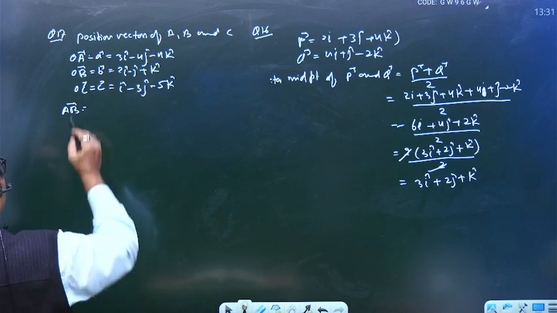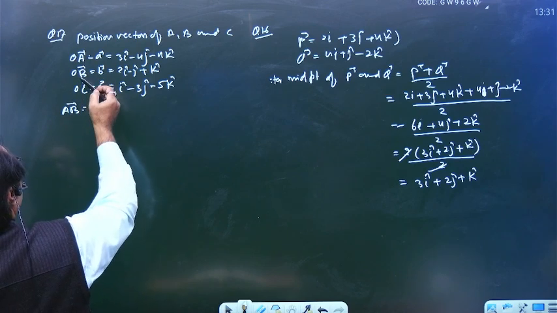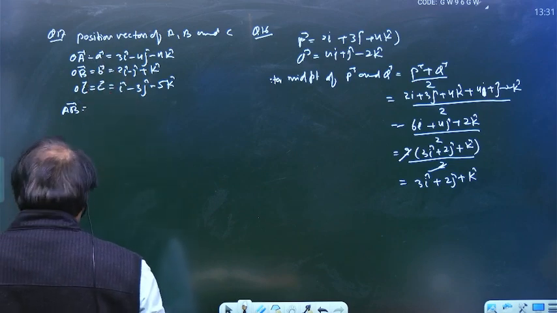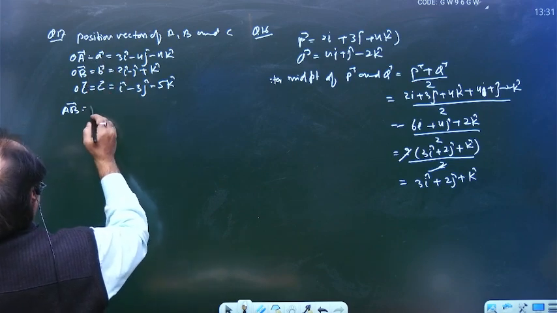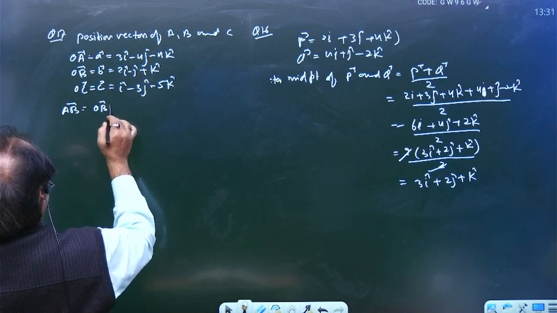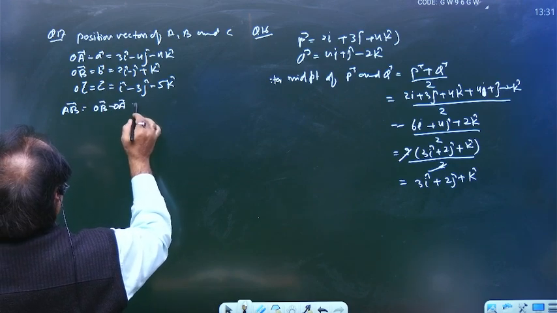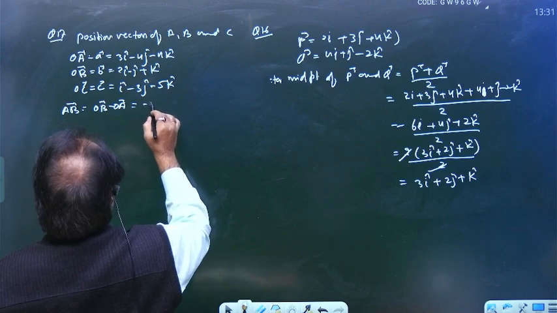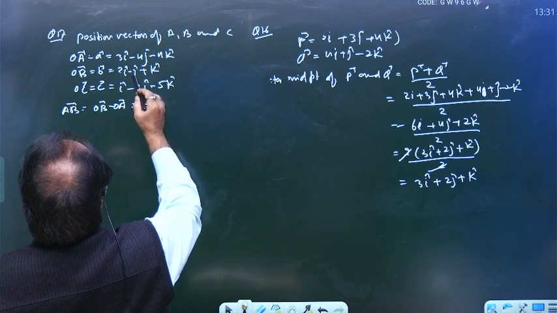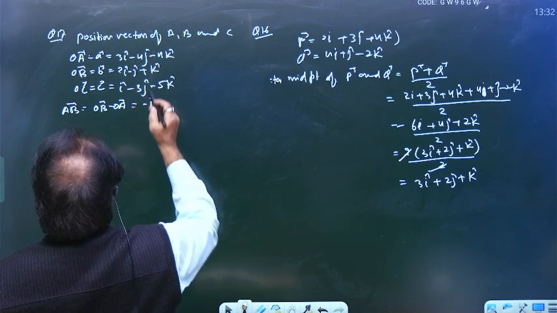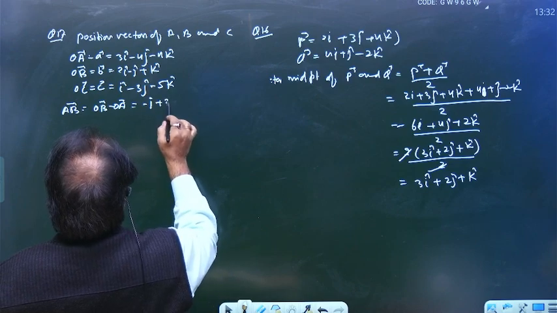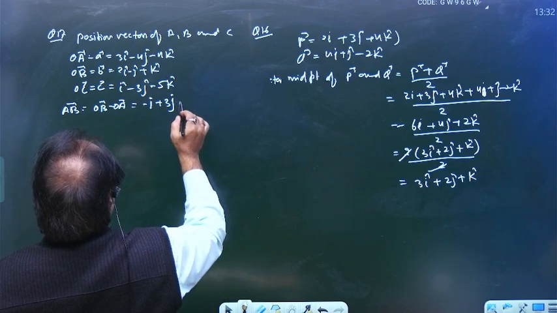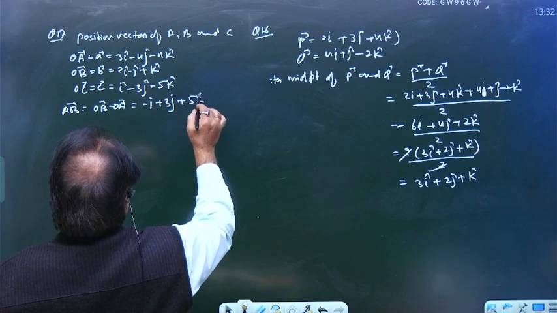Vector AB means this is A vector, this is B vector, so it should be B minus A, OB minus OA. 2i minus 3i is minus i cap, and minus j plus 4j is plus 3j cap, and plus k plus 4k is 5k cap.